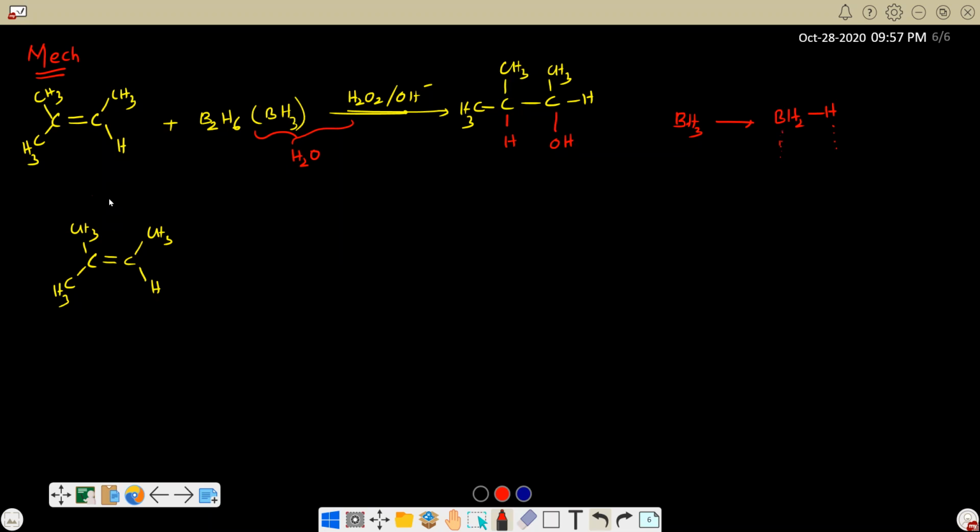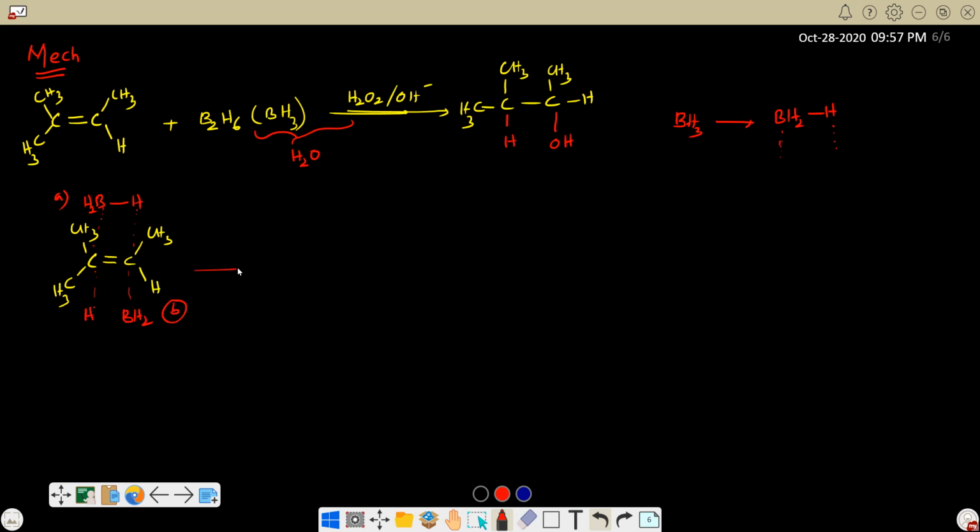So orientation matters here. I can do two types of orientations. One is BH2 and this H: this boron attaches to this carbon and this hydrogen to this carbon. And in the second case, hydrogen goes to this carbon and BH2 to this carbon. So it is a second orientation.